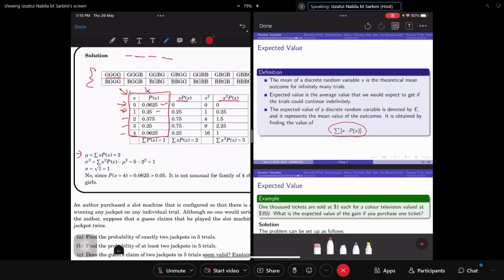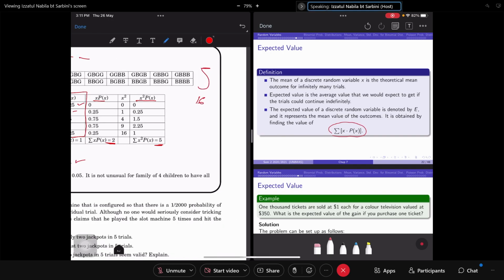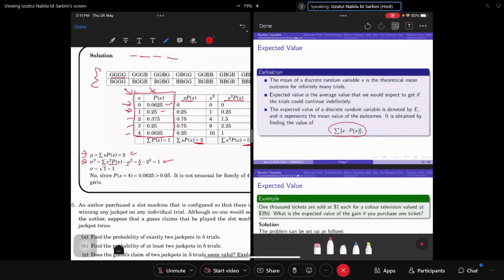Mean is the summation of x times px, which is 2. And the variance is the summation of x squared times px minus mean squared. That is 5 minus mean squared, so you get 1. And your standard deviation is the square root of variance, so equals 1.